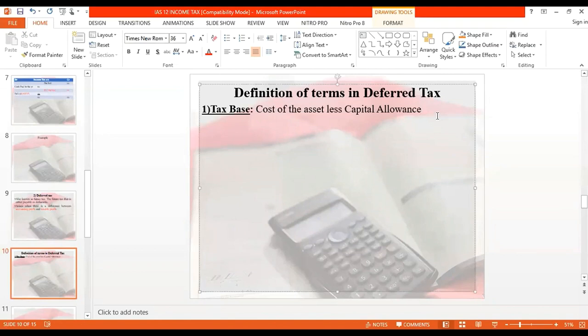For example, if the asset is worth 1 million and the government gives you an allowance of maybe 25%, you will not pay tax on 25% of 1 million, that is 250,000. So that is an allowance that the government gives you.